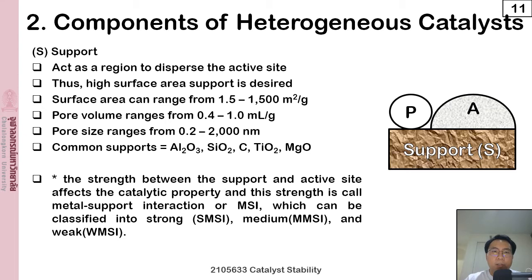Also, I would like to mention that the strength between the support and active site is also considered, and this strength has a name: metal support interaction, or MSI, which can be divided into three types: strong, medium, and weak. A strong metal support interaction, which is a strong bonding between active site and support, will make the attachment of the incoming reactants to the active site weaker.